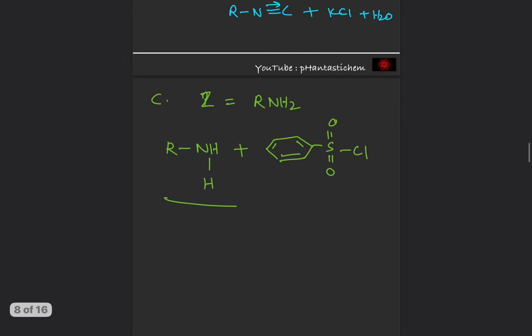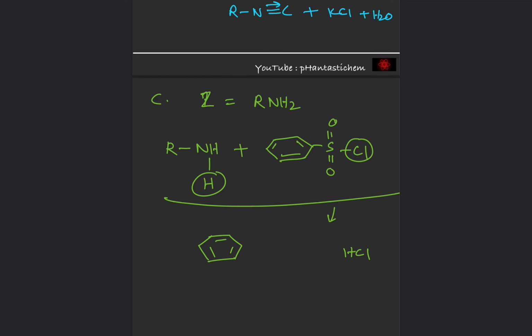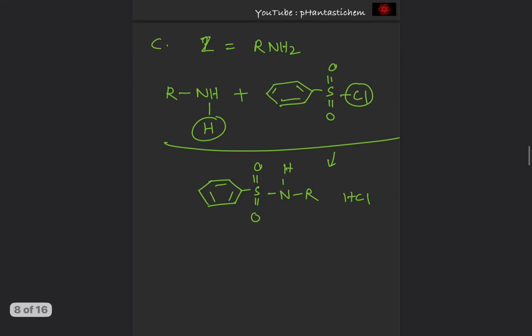So these two are going to react, H and Cl leaving as HCl, and we get benzene ring, S double bond O, N, H and R. These are in general known as N-alkyl benzene sulfonamide. So therefore yes, Z reacts with Hinsberg's reagent, so C is also a correct statement.